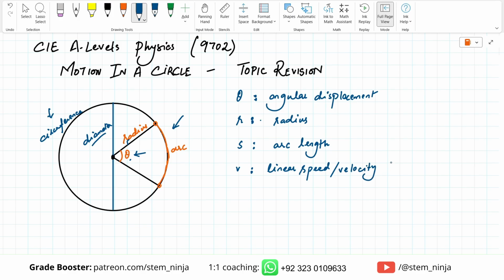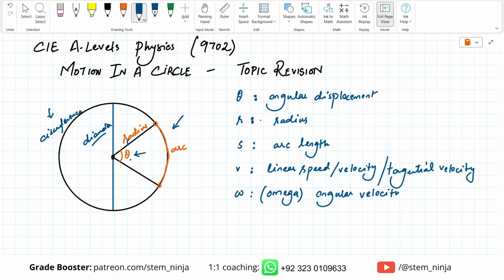In some books, this is also written as tangential velocity or tangential speed. We will explain that in a moment. Then we have omega. This is not W. This is omega, a Greek letter, and it is the angular velocity.